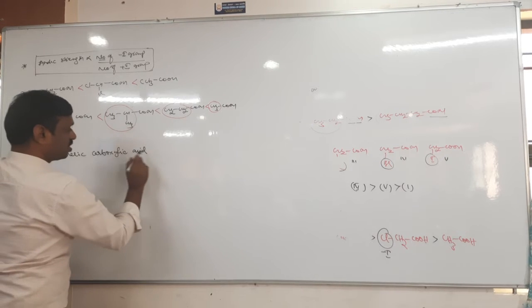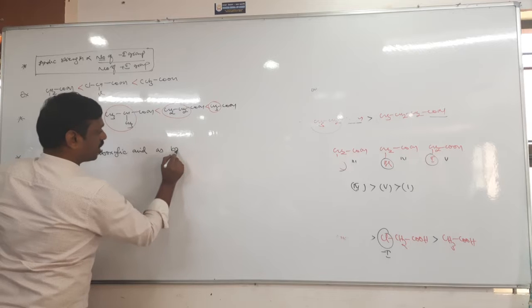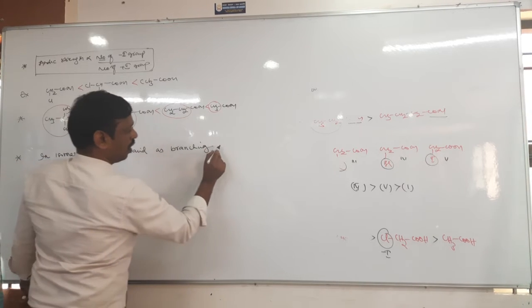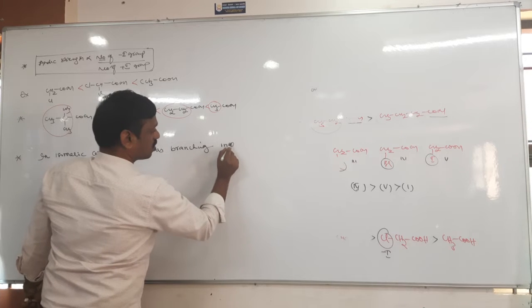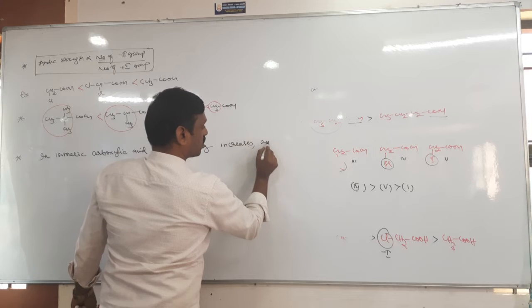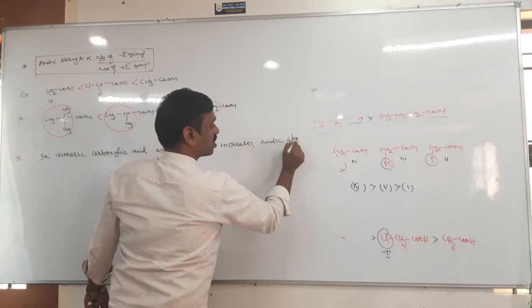In isomeric carboxylic acids, as the branching increases, what happens? Acidic strength decreases.